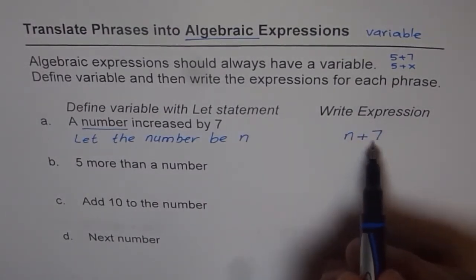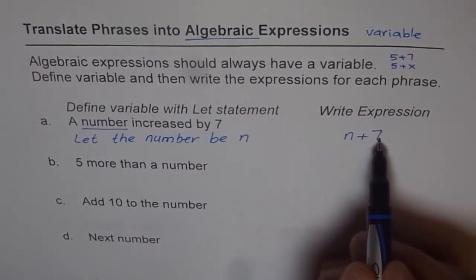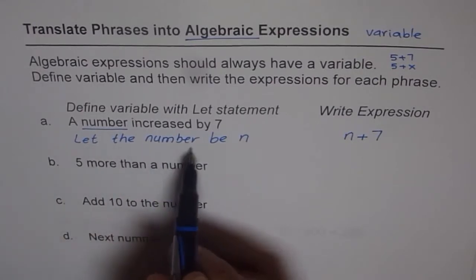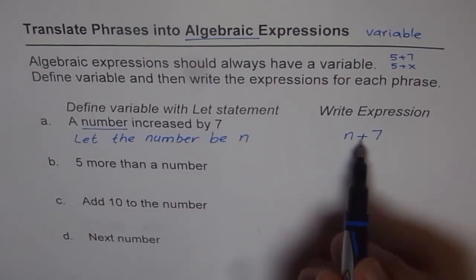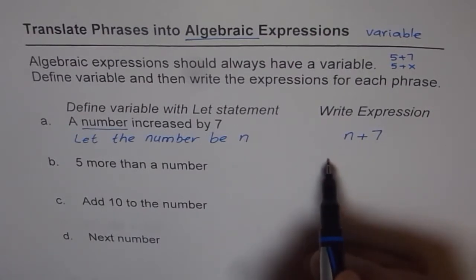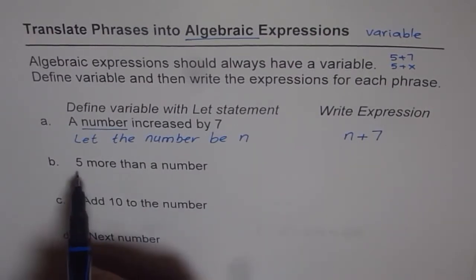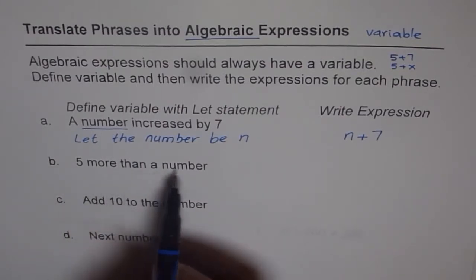Now the expression can be read as number increased by 7. Do you see? When we say let the number be n, n is the number. Number plus 7. 7 more than the number. It could be read like that also, right? Now here we have the second statement which says 5 more than a number.